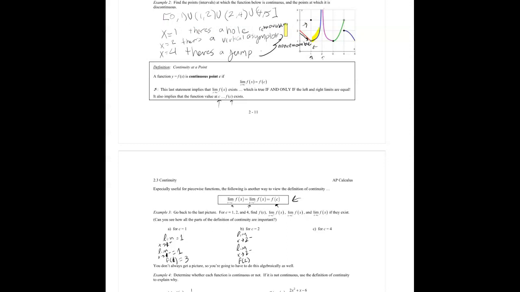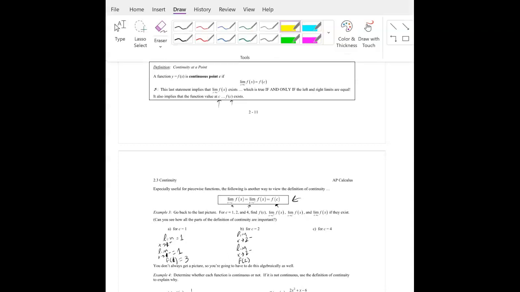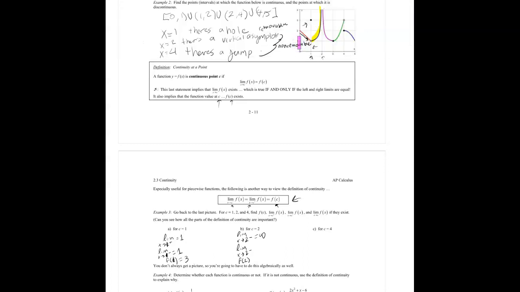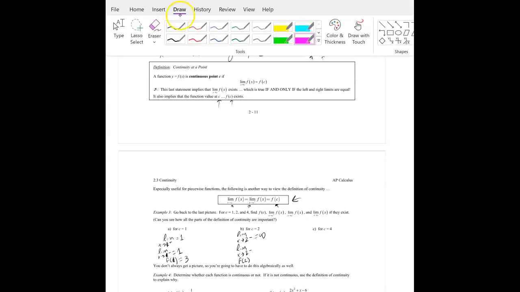From the left, looking at this blue piece, it's going towards infinity. Coming from the right, that pinkish purple piece, is also going towards infinity. And then finally at f of 2, we have no clue. It's an asymptote.